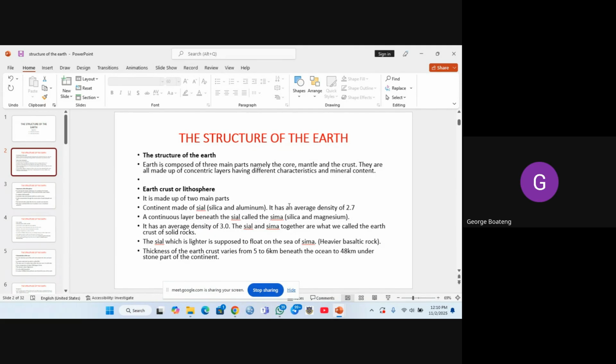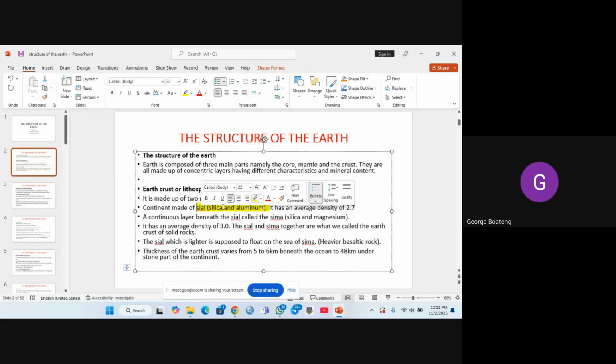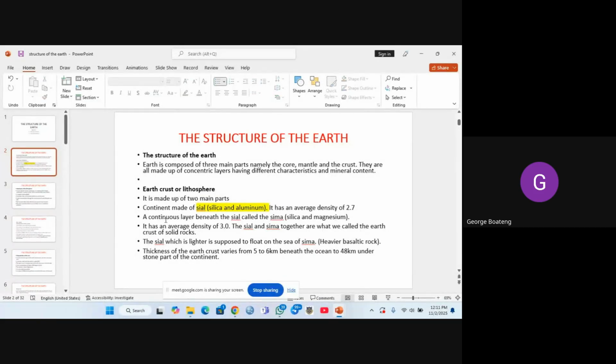We have the sial, and the sial is made up of silica and aluminum. So the sial is silica and aluminum, and it has an average density of 2.7.